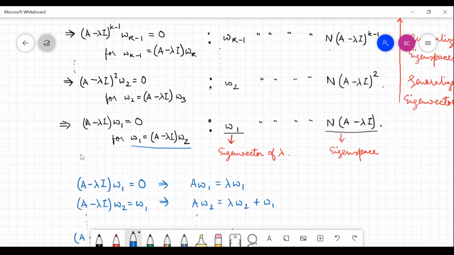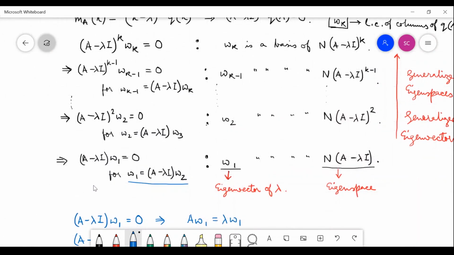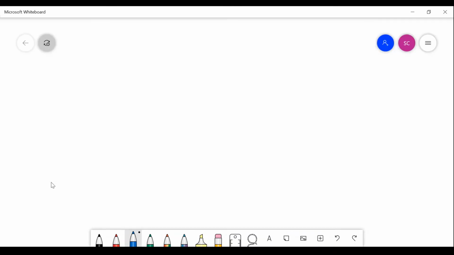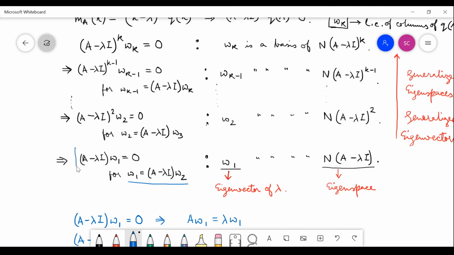However, if I have geometric multiplicity more than 1, then when you solve this equation, you will get some omega 1 1 or omega 1 2 like that. So multiple eigenvectors you will get. However, one of these eigenvectors would definitely go through these relationships till a non-zero omega k. It has to go.